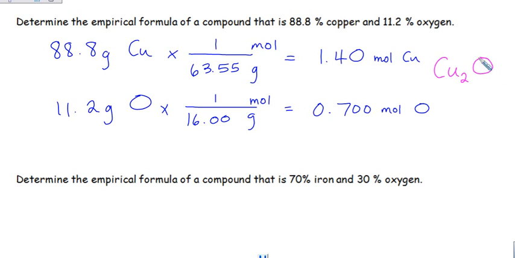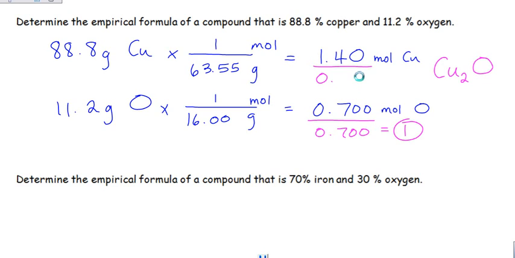Now, if you weren't sure, the first trick to try, if you got like weird moles, divide them by the smallest. Because you know that's going to give you a whole number then. At least one of them is a whole number. Try doing that to both. 0.700, which like this one's obvious.